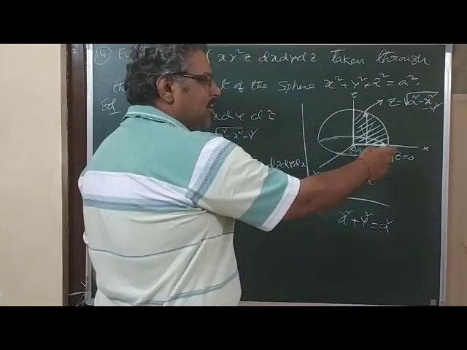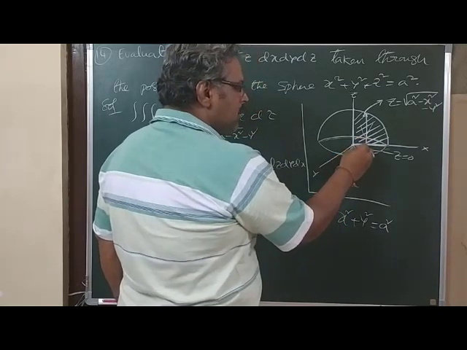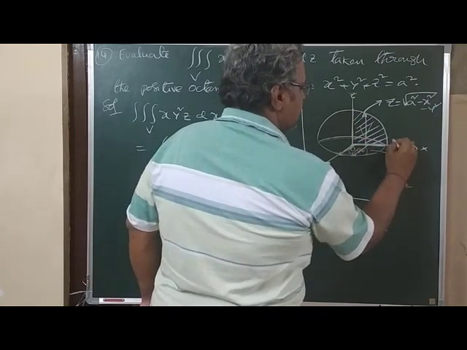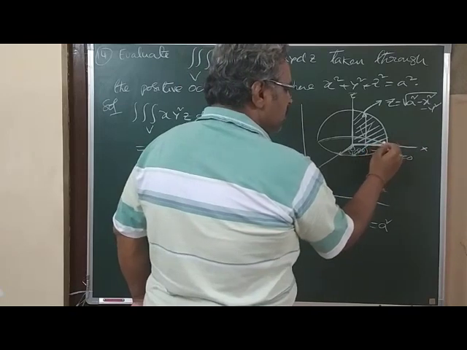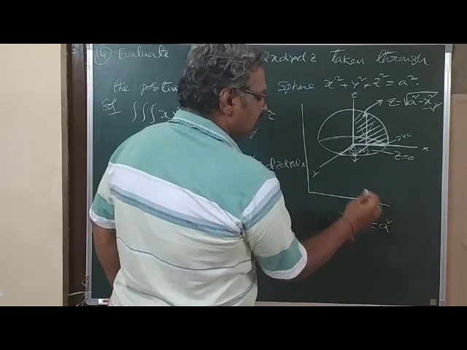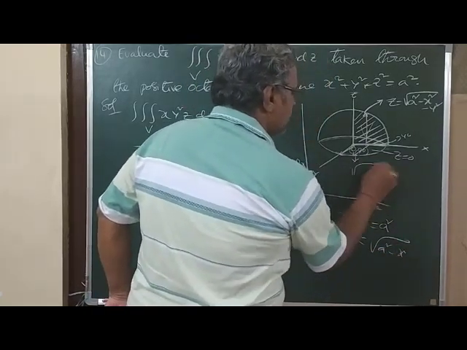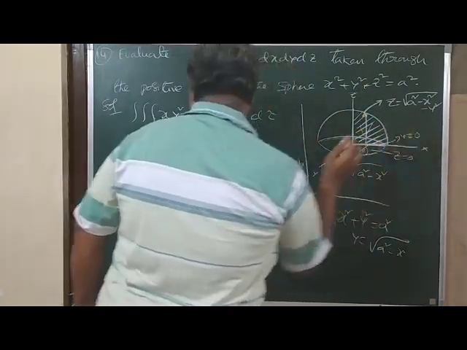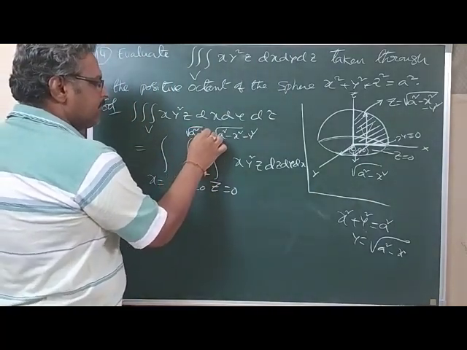Along the y-axis, y goes from 0 to y equals square root of a square minus x square.